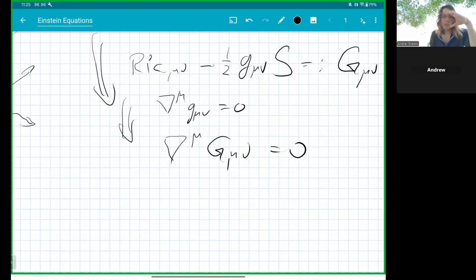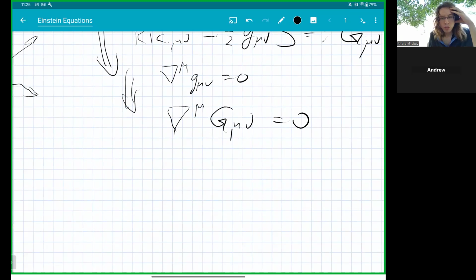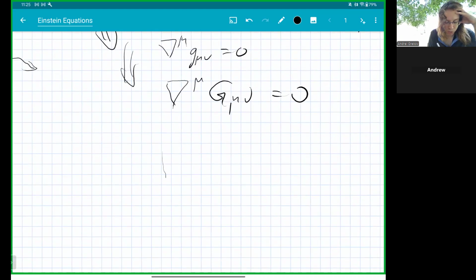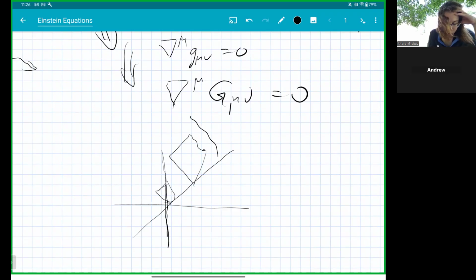So now we see that this special trace-reversed curvature actually behaves like liquid or like energy. If it grows in this direction, it has to decrease in some other directions.